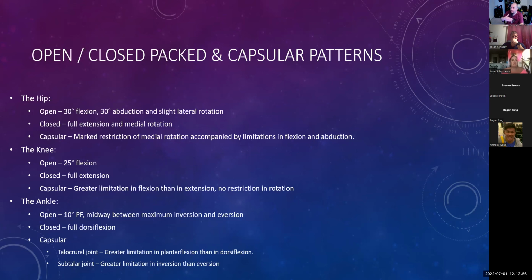Plantar flexion and inversion tells me it is a capsular pattern because those are the two main restrictions. And the main thing I think about is, what do we have most of? We have most plantar flexion and inversion, right? We have less dorsiflexion, we have less eversion. So those are the two main things that lead me to a capsular pattern.